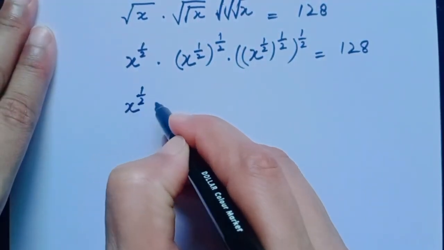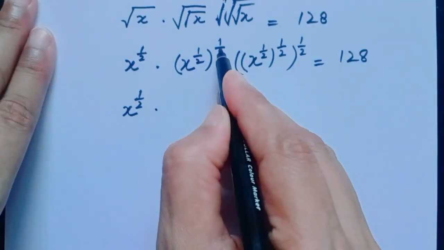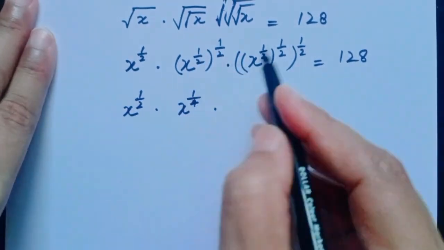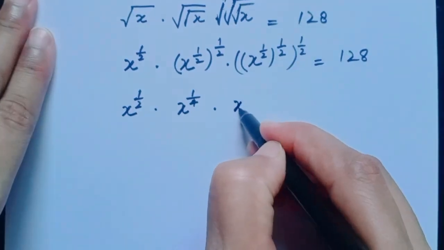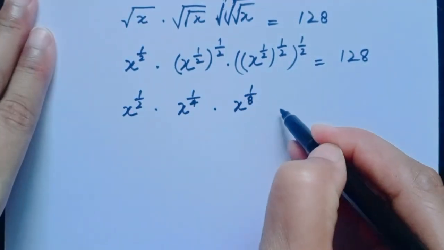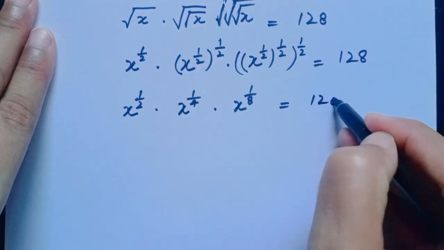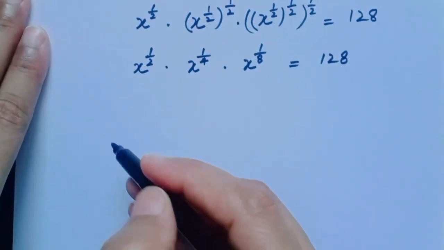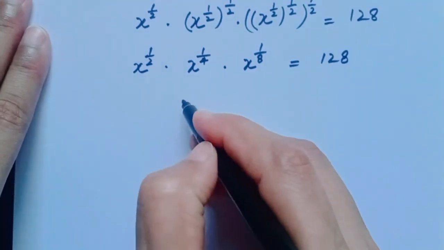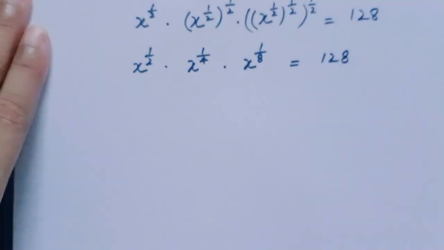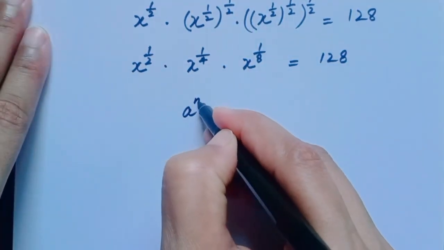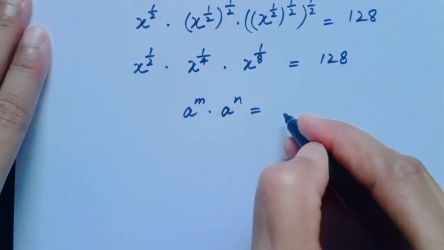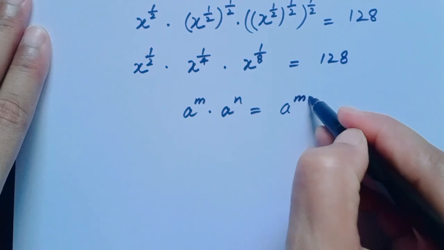In the next step, we will multiply these powers. Here we have x power 1 over 2 times, here we have two powers, 1 over 4, x power 1 over 4, times, here we have 3 powers, so we will have x power 1 over 8, is equal to 128. We know a very well-known property of exponents: if we have a power m times a power n, we can add their powers, a power m plus n.